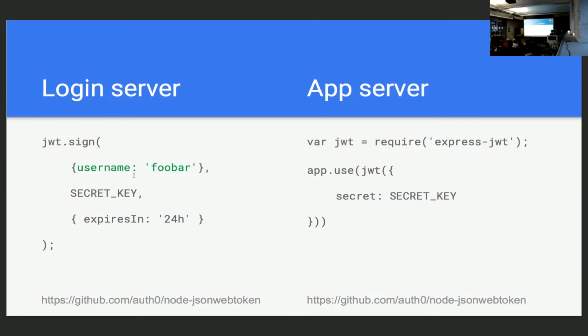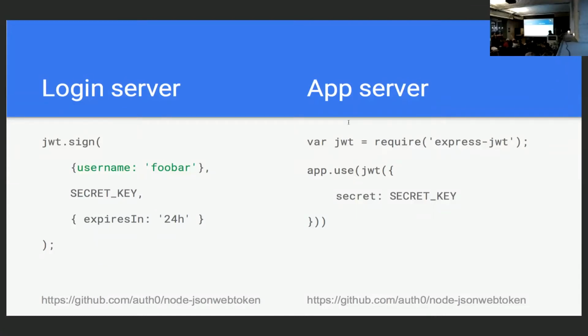And here, at this part, you put everything you want. So at least you have a username normally in it. You can have permissions, like permissions as an array, or easy things like whether the user paid for the premium plan, that kind of thing.